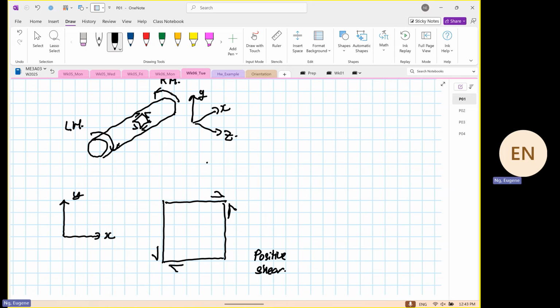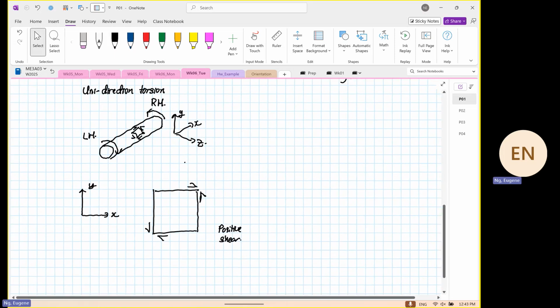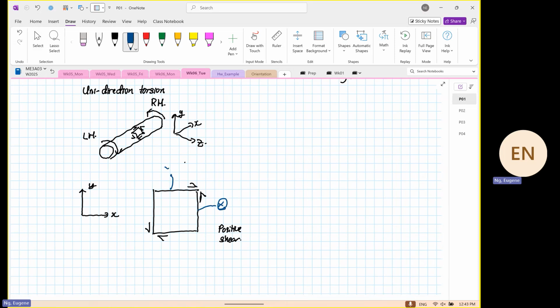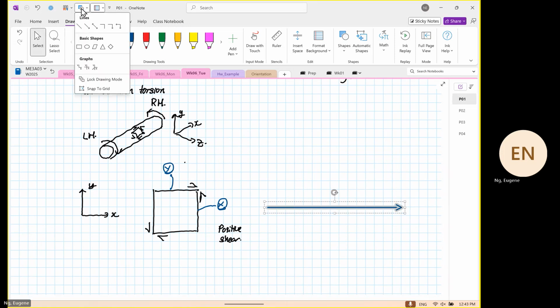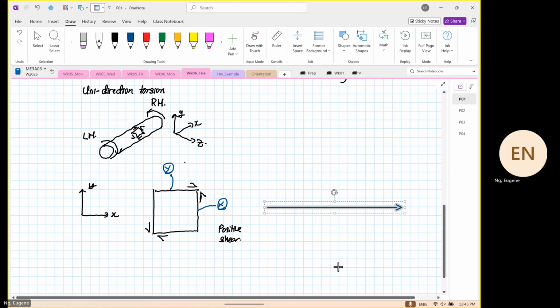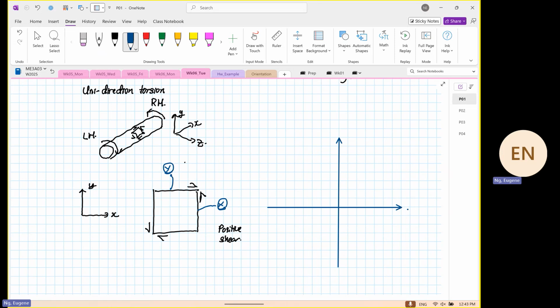Likewise, before we construct Mohr circle, we label this as our surface X. We label this as our surface Y. Now we are going to construct Mohr circle. So this is our normal stress. Shearing stress, rotating clockwise. Shearing stress, rotating anti-clockwise.